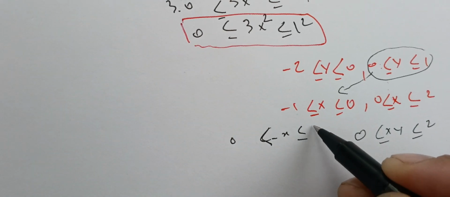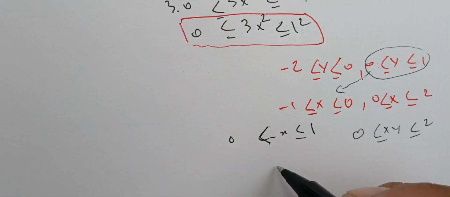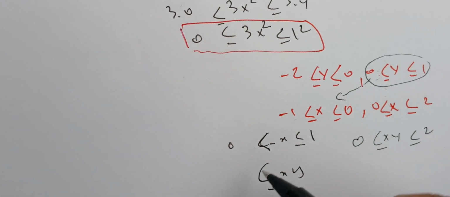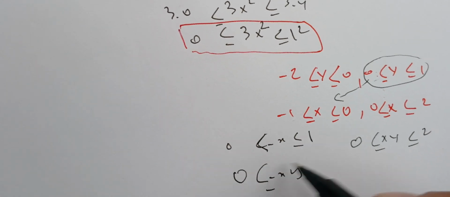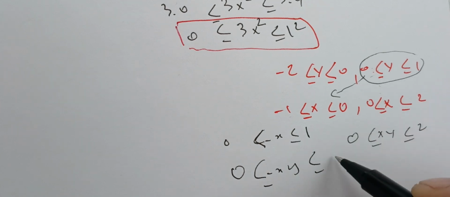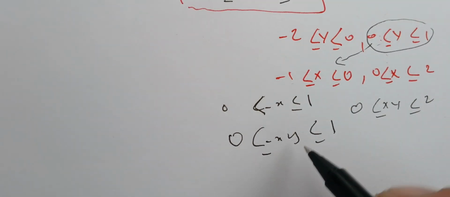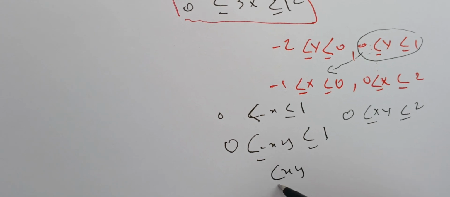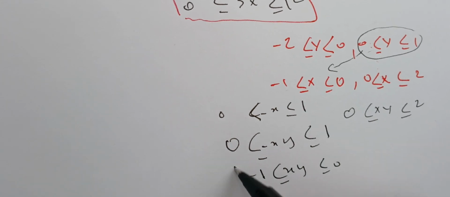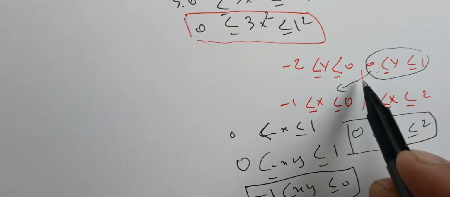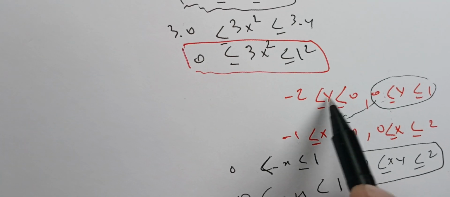So we have minus x between 0 and 1, and therefore we can multiply. We have minus xy is between 0 times 0, which is 0, and 1 times 1, which is 1. And we make it positive by multiplying by -1. So we get xy is between -1 and 0. So this is the second case. This is the first case. Now we have this case too.